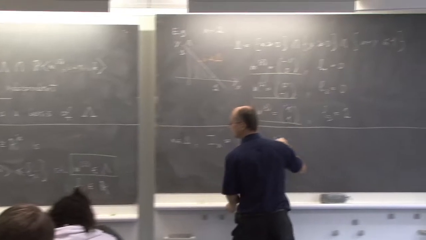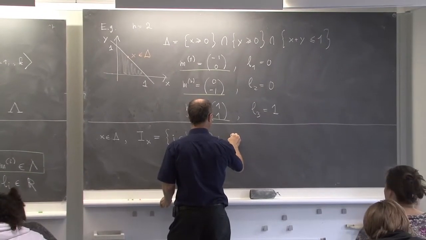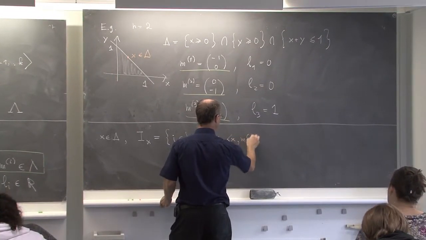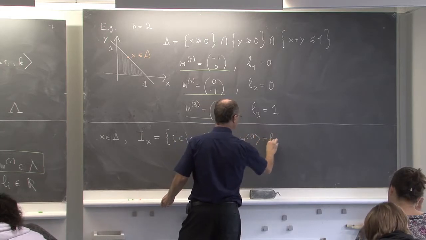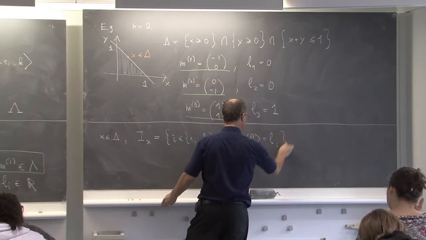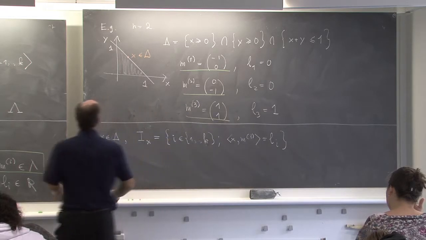So such that x paired with m_i is actually equal to l_i.